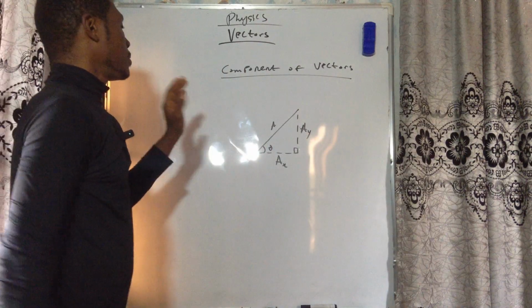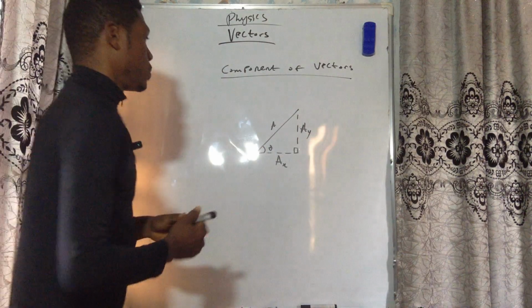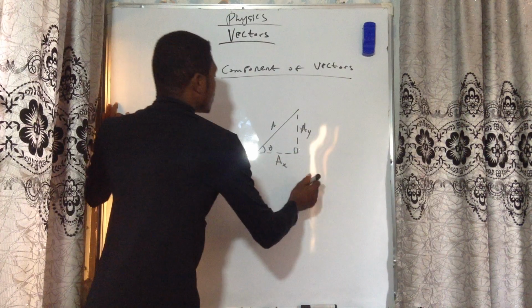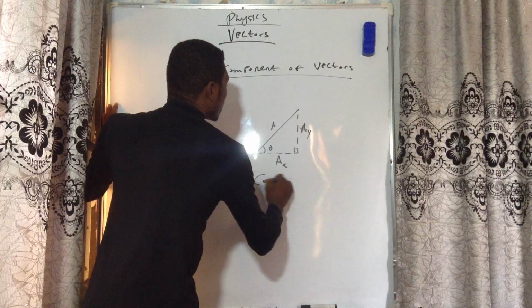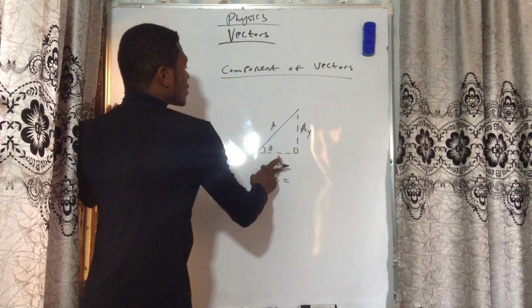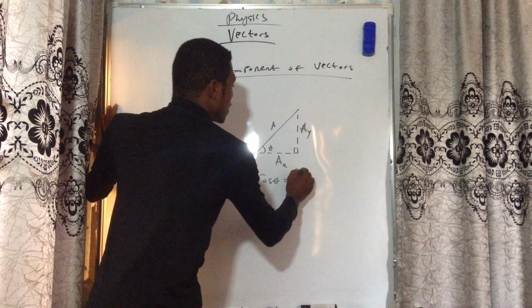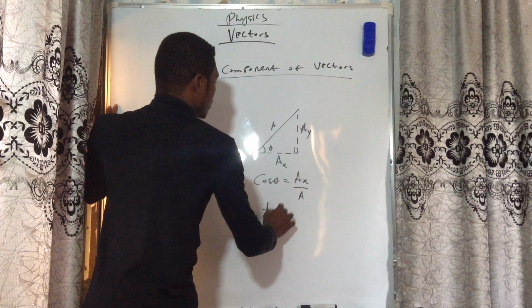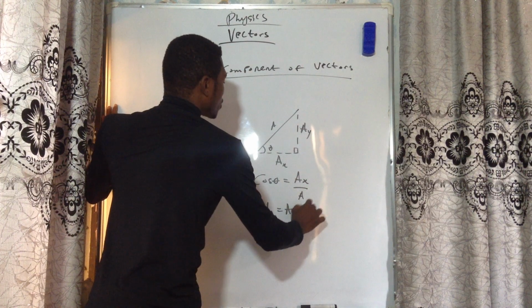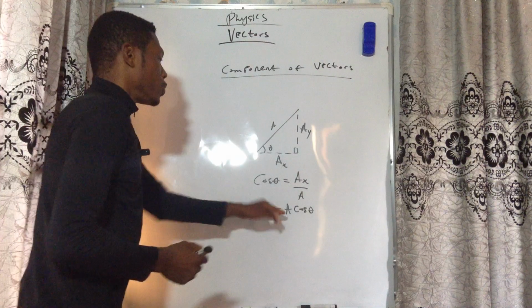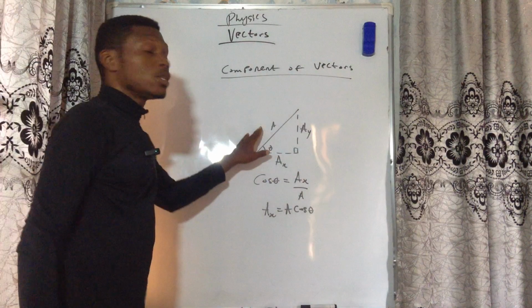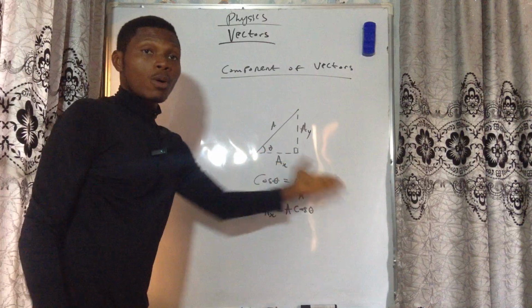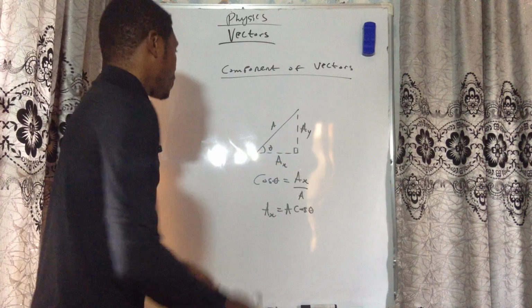Now to find the horizontal component, you recall from trigonometric ratios that cos theta is equal to adjacent over hypotenuse, which is AX over A. Therefore, AX is equal to A cos theta. That is the horizontal component of this vector. That is where this vector has effect along the horizontal direction.